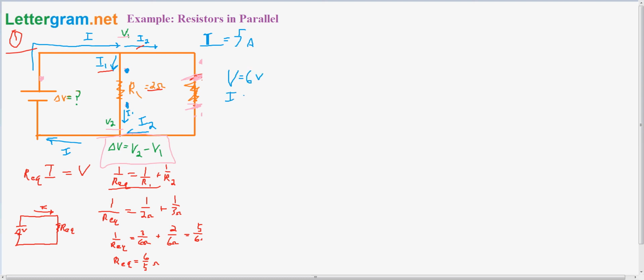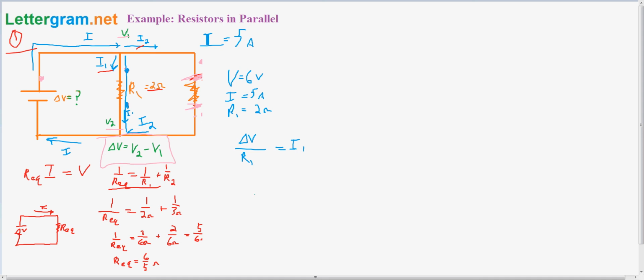I is equal to 5 amps, and R1 is equal to 2 ohms. So if we take the potential across this, the change in V, divided by R1, since we're only calculating the current through this portion right here, we should get I1.